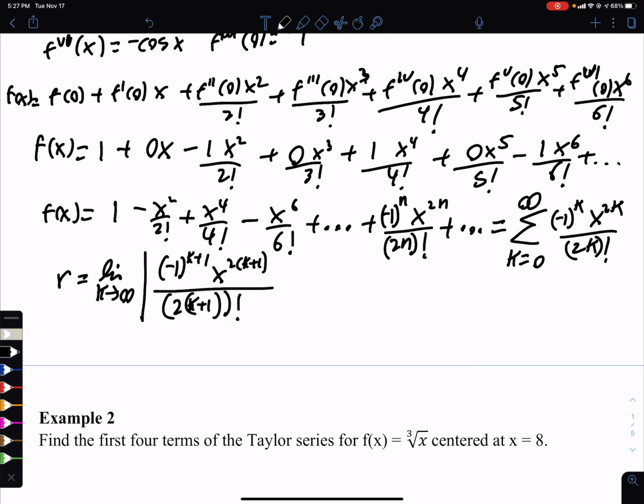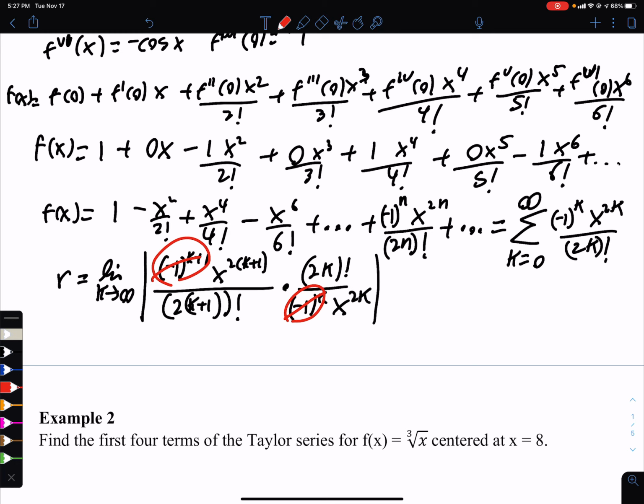And you divide that by the original, which is multiplying by the reciprocal. A few things to note. Since it's absolute value, we don't care about the negatives.